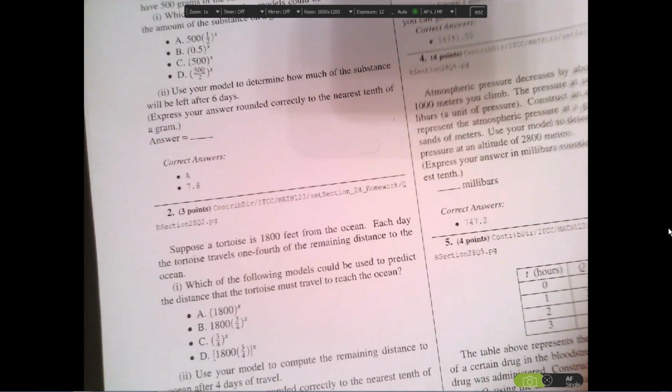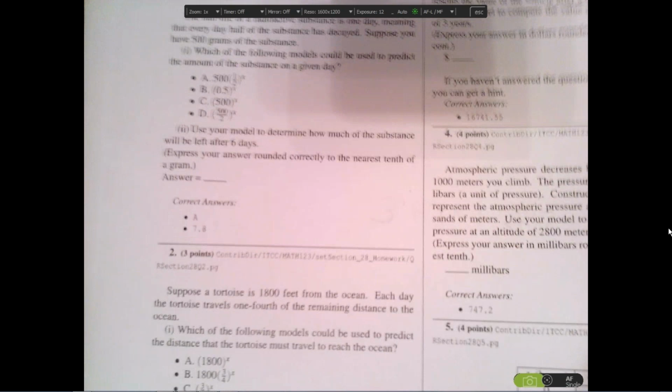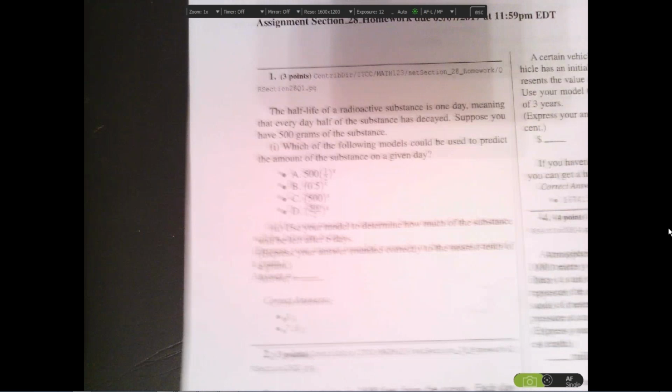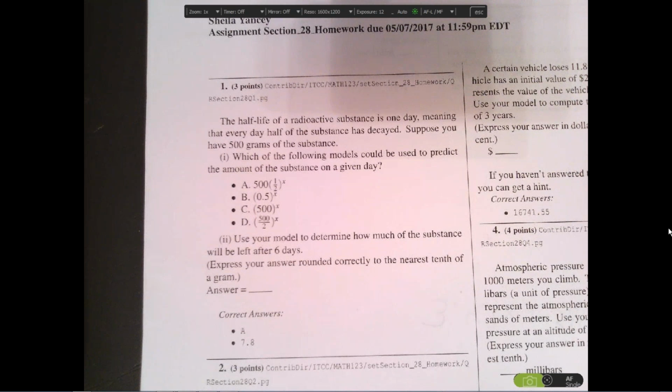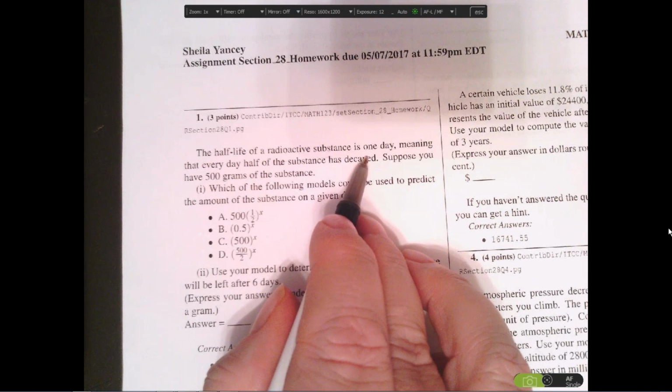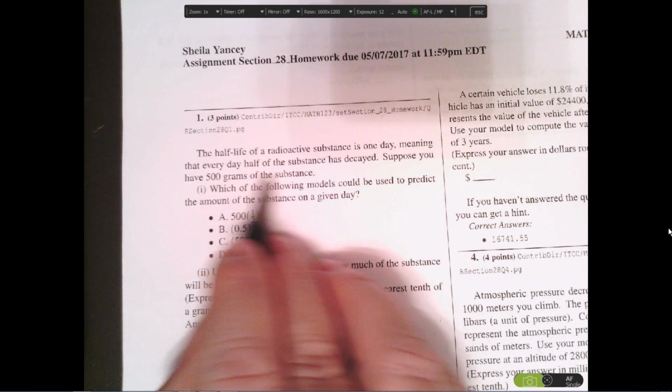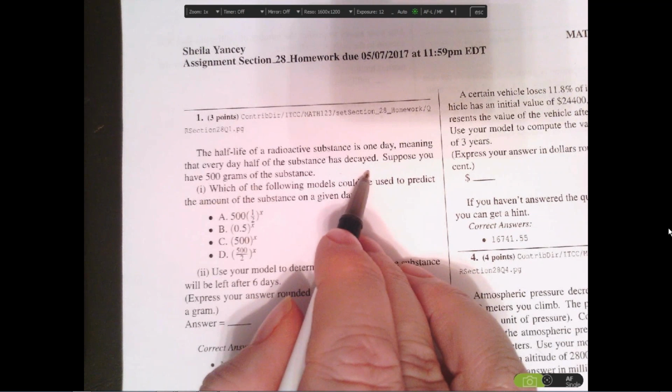Okay, 26 or 28, your last homework of the year. It works the same way, it's just with decreasing. The half-life of a radioactive substance is 1 day, meaning that every day half the substance has decayed.